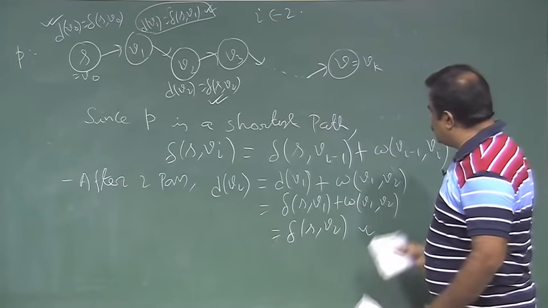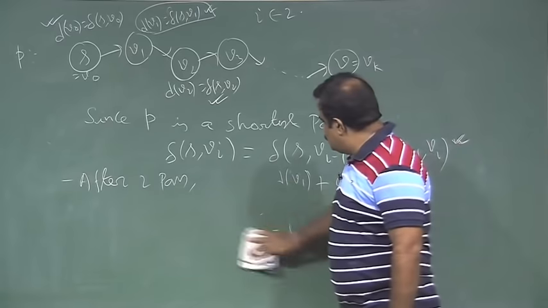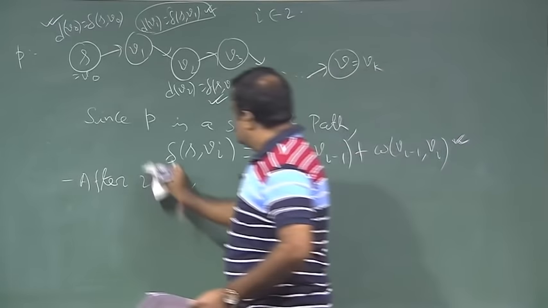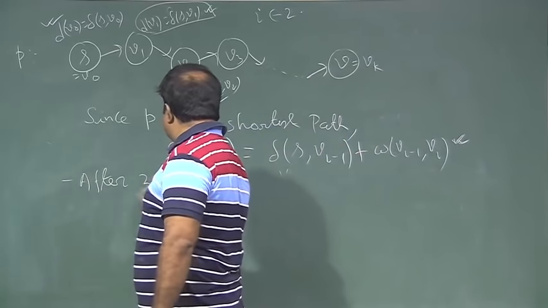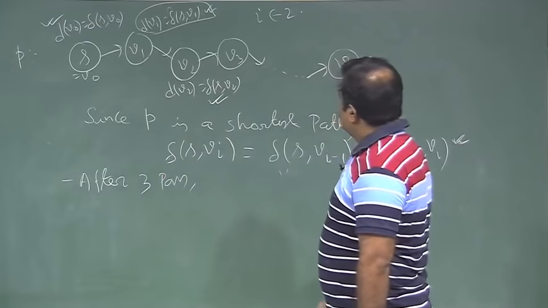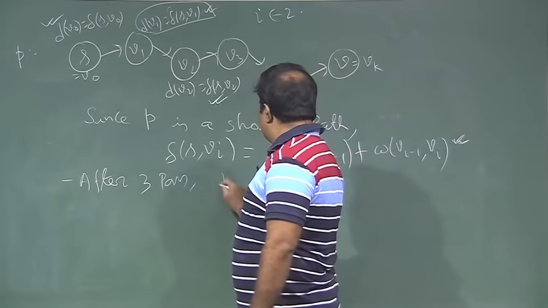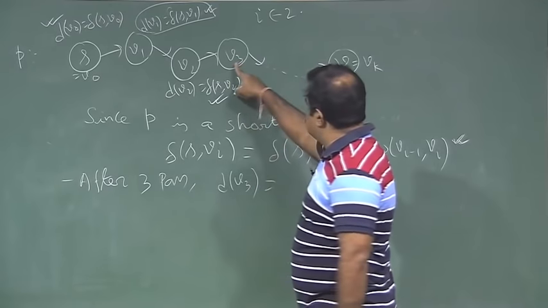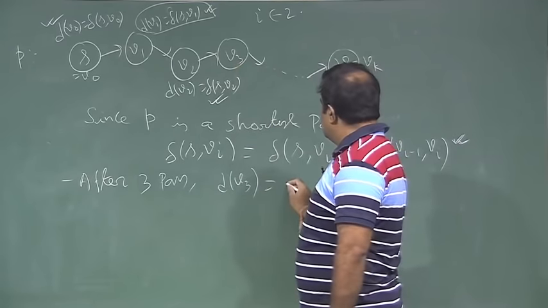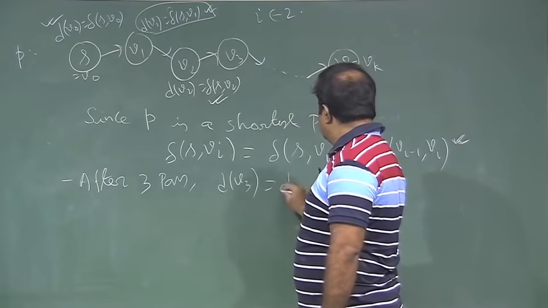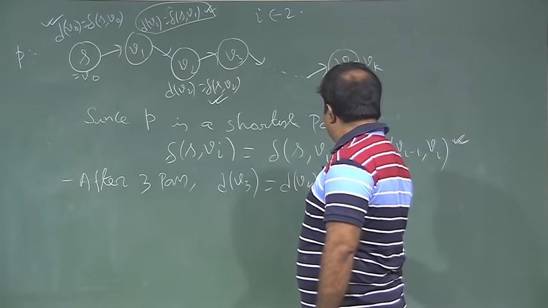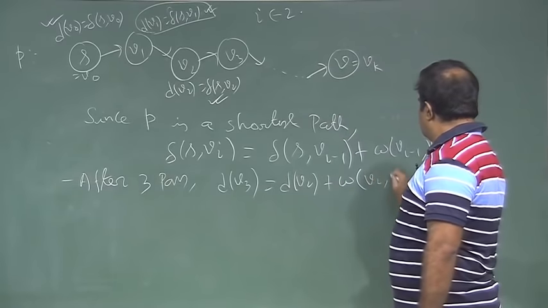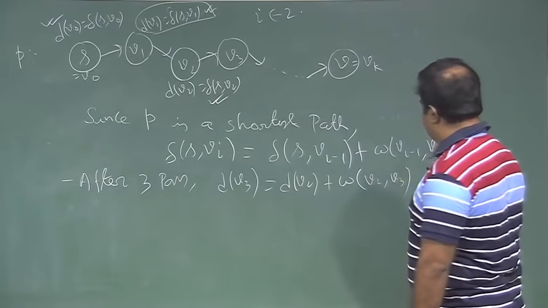Once this is done after the second pass, in the third pass what will happen? After the third pass, this vertex will be relaxed: d of V2 plus W of V2 comma V3.